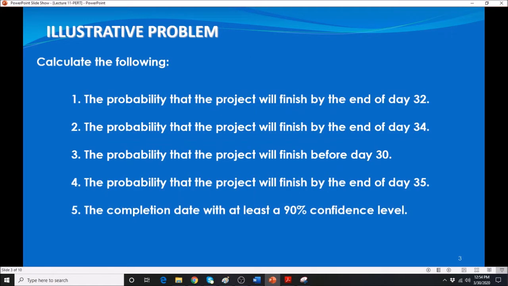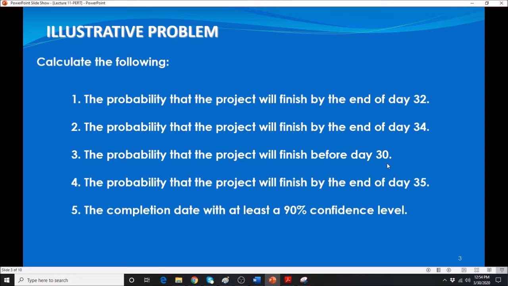All right, for this particular problem, we were asked to determine the probability that the project will finish by the end of day 32, by the end of day 34, and before day 30. So again, I want you to pay attention as you go over those questions, because you will see here we have "by the end," and here it says "before." So that makes a big difference, okay?